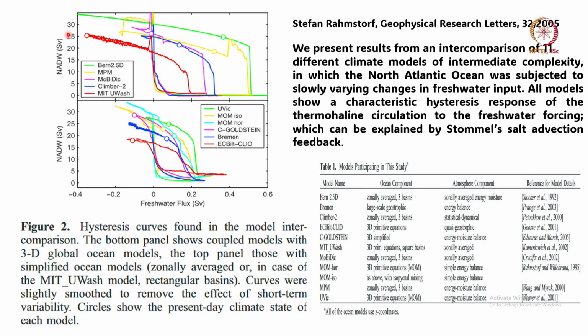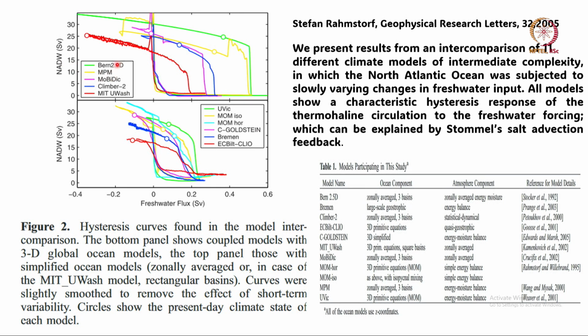So, the idea is to run many models with various levels of complexity and find out how the North Atlantic deep water, which is created by this Atlantic meridional ocean circulation, when it goes down near Greenland, it causes formation of deep water. Okay. So, it is a measure of the AMOC.